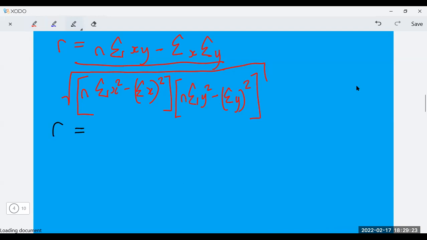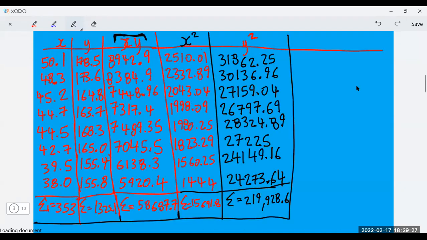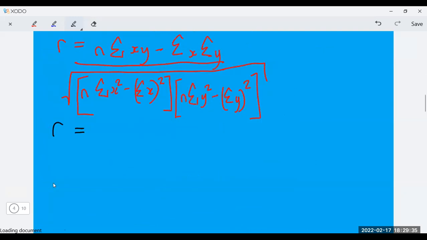So R is gonna work out to be equal to n. Remember, n is how many data points we were given: 1, 2, 3, 4, 5, 6, 7, 8. So in this case, n is 8.